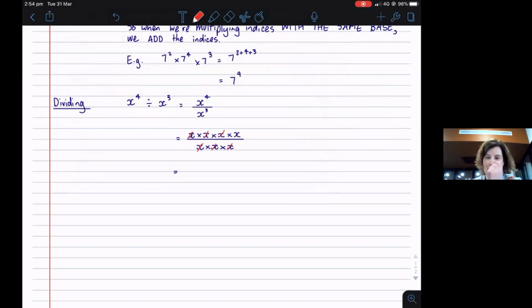That one has nothing to cancel with. So we just get x on the top and there's nothing left on the bottom, so we write 1. What is just x? That's x to the 1. There's only one of them. So that's x to the 1 over 1, which is just x.